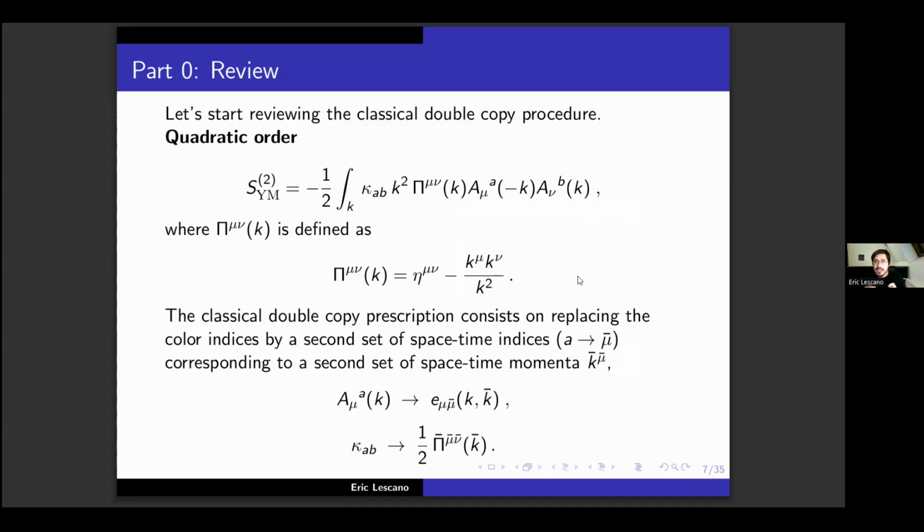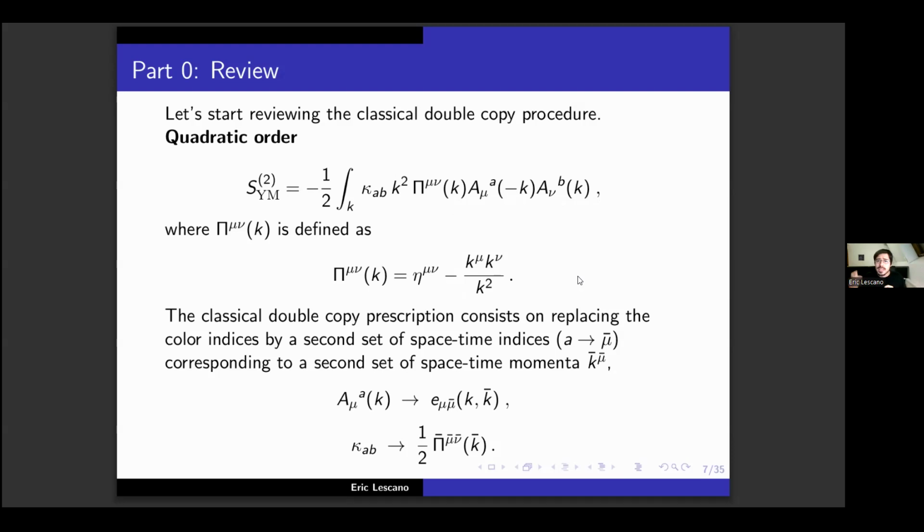because as you can see, we need to factorize somehow our fields, this A square, but also the operators associated to the fields. In this case, if you focus on the Lagrangian, we have the Cartan-Killing metric, this kappa AB. We have a K square operator over there, which are just derivatives in momentum space.